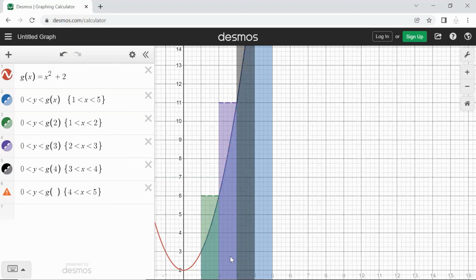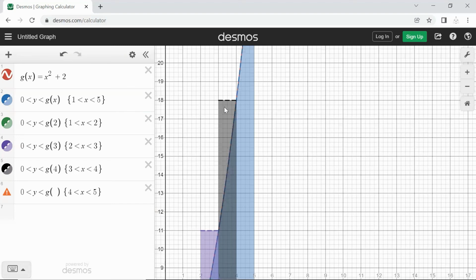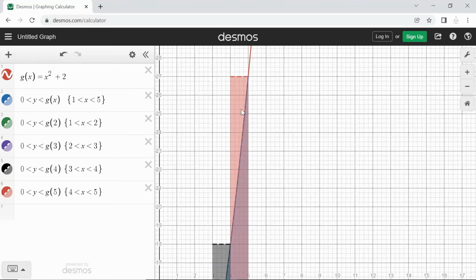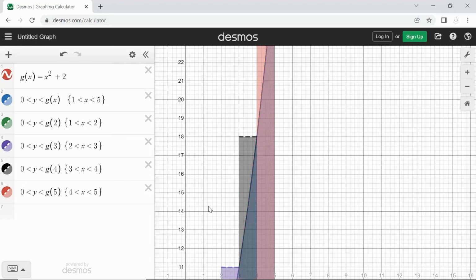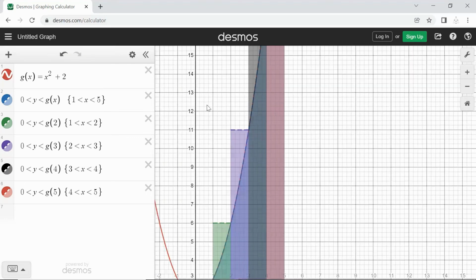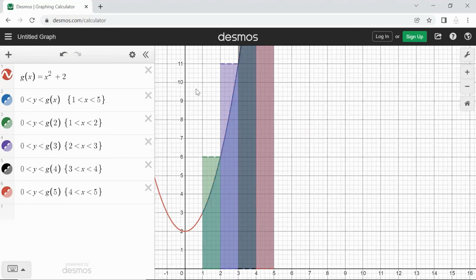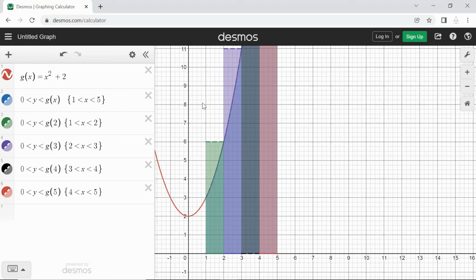My next rectangle, using the right-hand rule, would be at 4, again another overestimate. And lastly, our last rectangle is going to be g of 5. Notice that all 4 of these rectangles are overestimates of the area under the curve in this case.